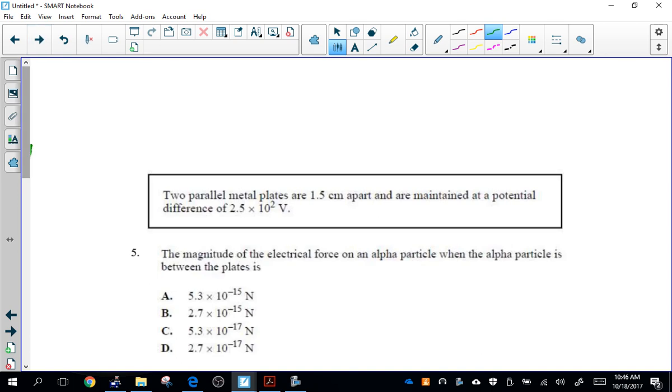Two parallel plates, 1.5 centimeters apart, maintained at a potential difference of 250 volts. What's the electric force on an alpha particle here? Any ideas? Hey, let me write down my little Venn diagram.